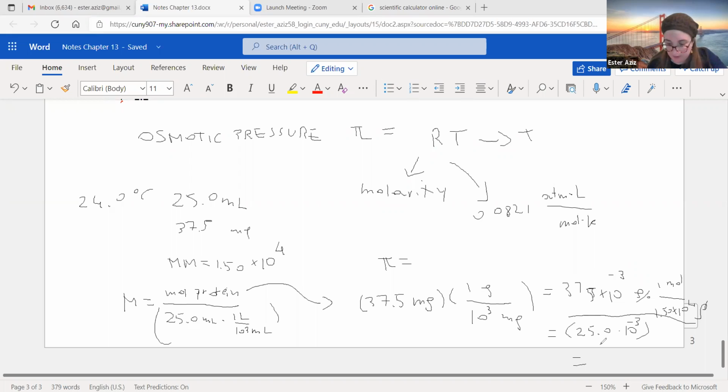I think the exponent here is supposed to be a minus. So this number is our M.